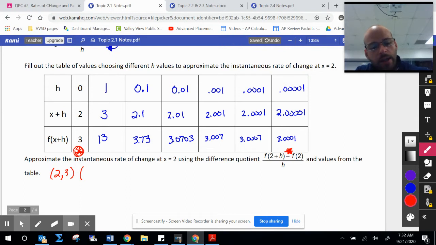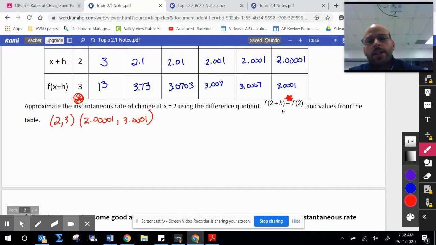So I'm going to say, and a point 2.00001, comma 3.1231, right? And this is going to give me an approximation of the instantaneous rate of change, and it's going to be my best approximation, right? If I have 2 points infinitely close to each other, that's going to be a pretty good idea of the slope of the graph at that point.